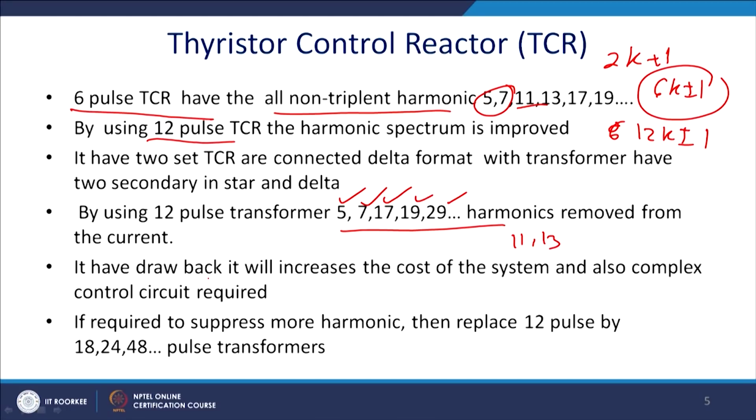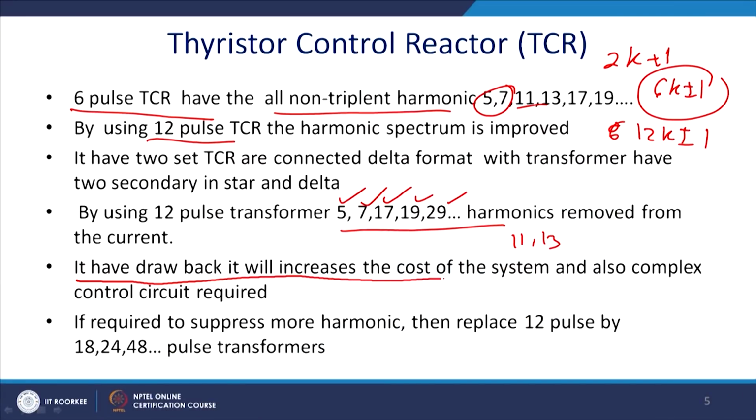If you make it a 12 pulse, you can also make it 24 pulse. But the number of switches will drastically increase and the complexity will increase, so we require an optimal solution depending on the power quality requirement or the power quality issues.